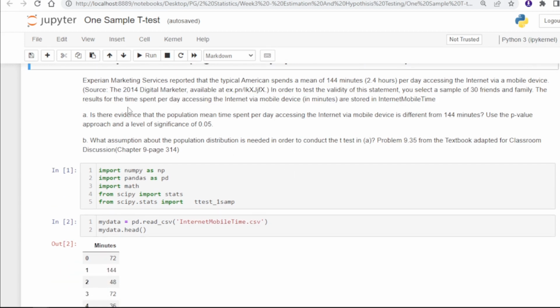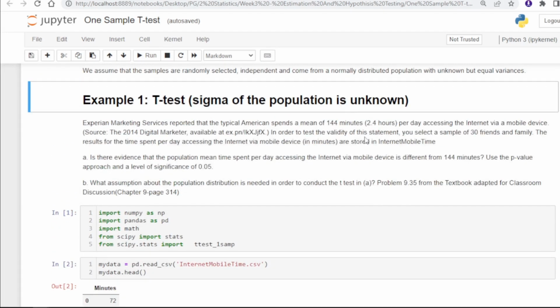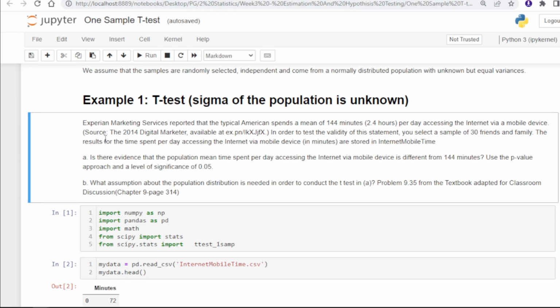This is the description: Experian Marketing Services reported that the typical American spends a mean of 144 minutes, that is 2.4 hours per day, accessing the internet via a mobile device. The source is the 2014 Digital Marketer, available at EXPN.